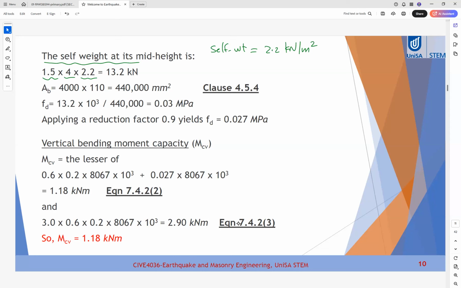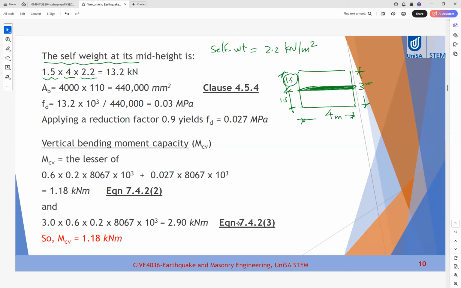So in kilonewton, if this is our wall, the wall height was 3 meter and the width was 4 meter. So we need to find the self weight or the resultant of the self weight on this area. So how much is the height of the wall? Above 1.5 meter and below 1.5 meters.